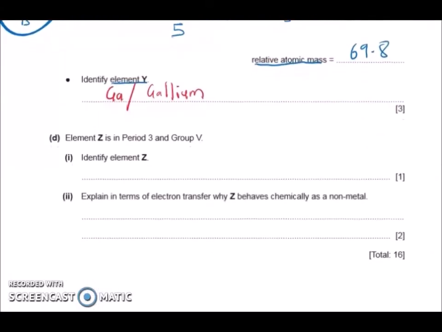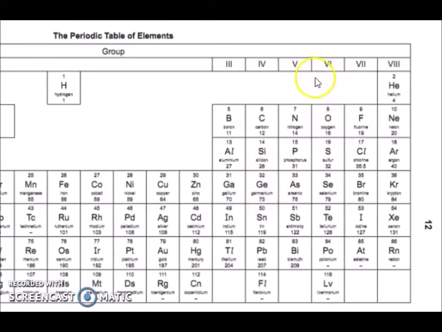Okay, here element Z is in period 3 and group 5. Group 5 is group 15 here. Okay, group 15, and here's period 3. Okay, now the period is 3, so we just have to count here 1, 2, 3.